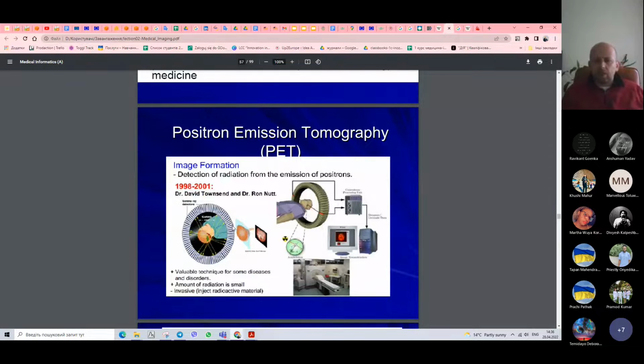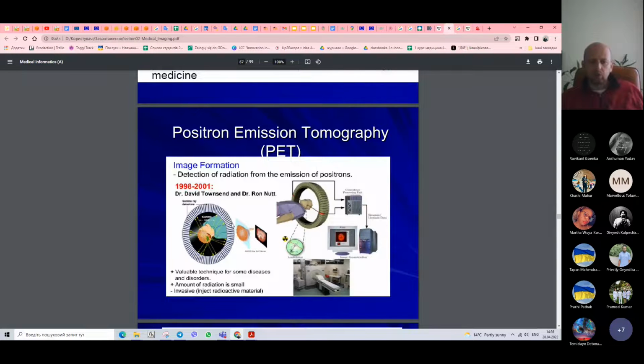You can find some illustration of positron emission tomography: detection of radiation from the emission of positrons. This was developed in 1998-2001.